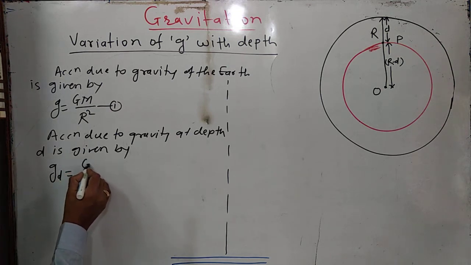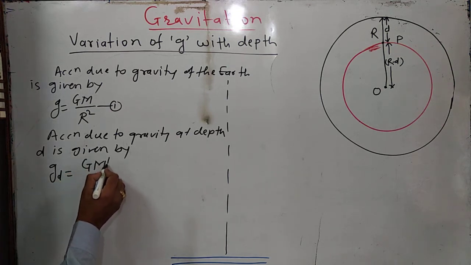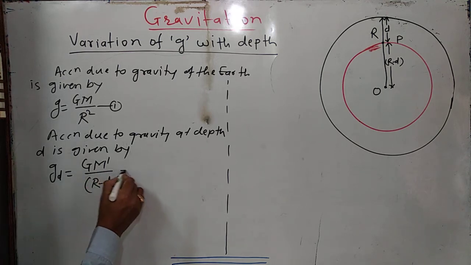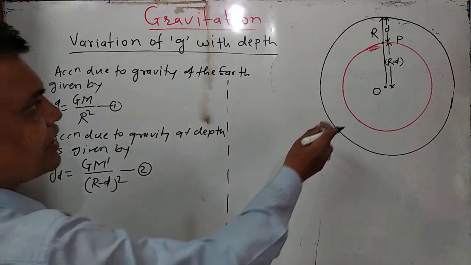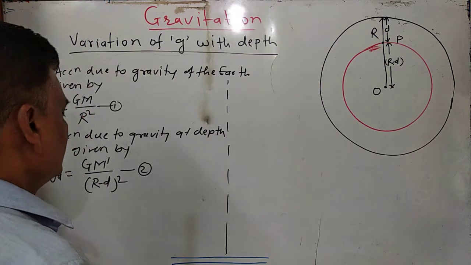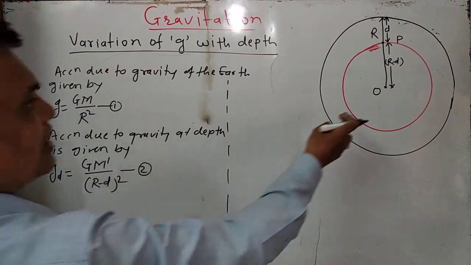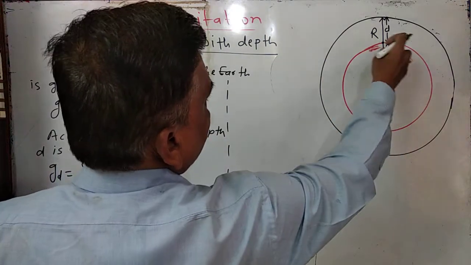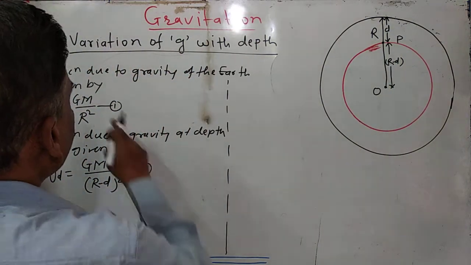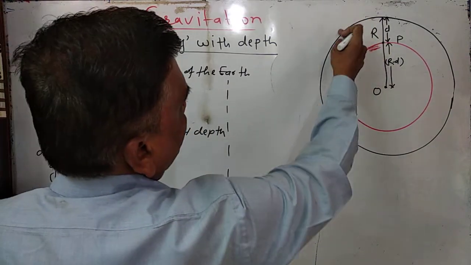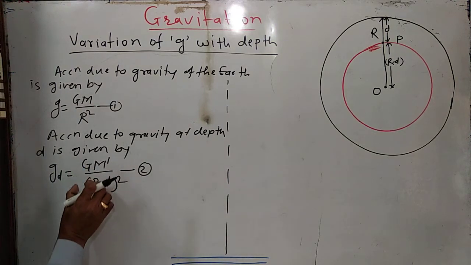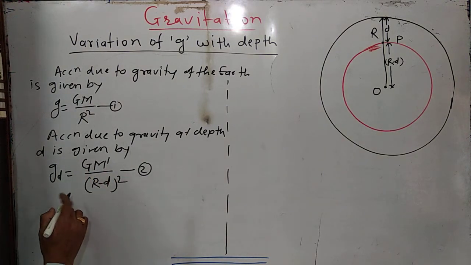Therefore g_d equals G m dash upon (R minus d) square, and m dash is the mass of this red sphere, and capital M is the mass of the black sphere, means earth. So g_d equals G m dash upon (R minus d) square.